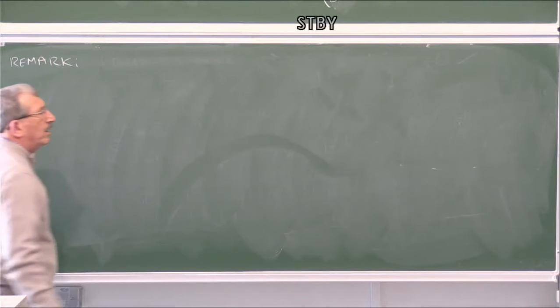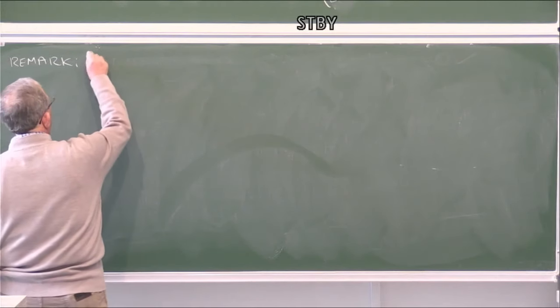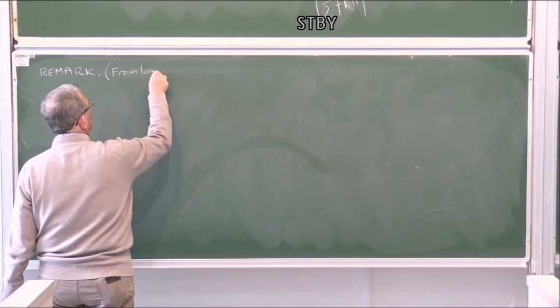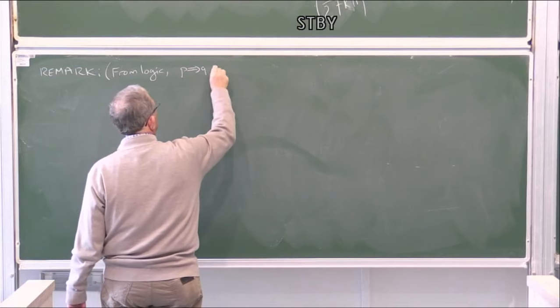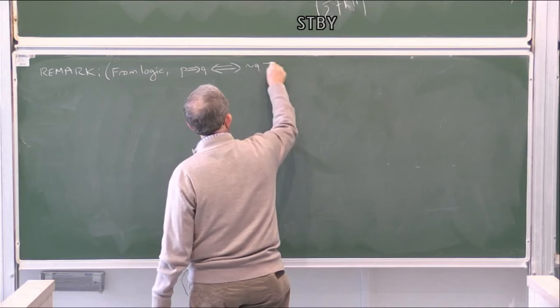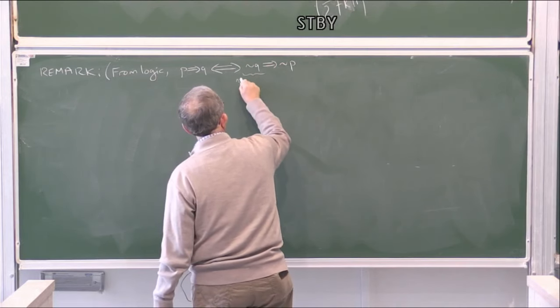Let us look at the theorem from the contrapositive side. That is, from logic, P implies Q is the same as not Q implies not P. This is the negation.